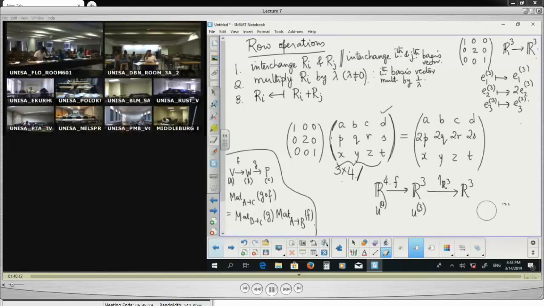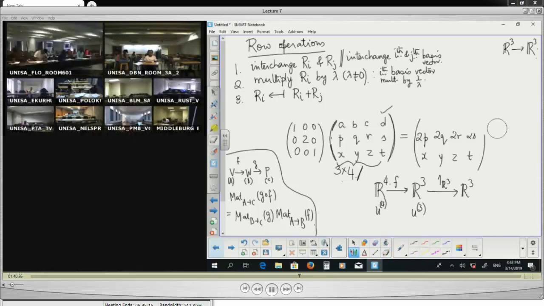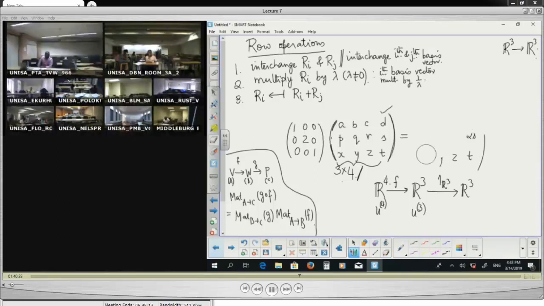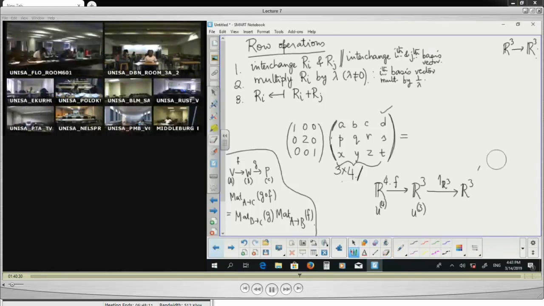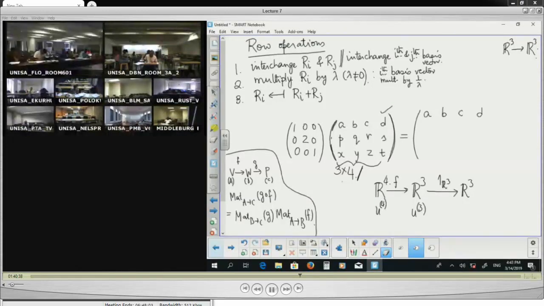So suppose I want to replace the third row, I want to make this the sum of the first and the third.